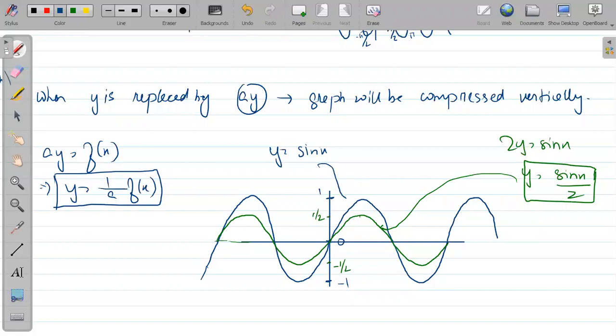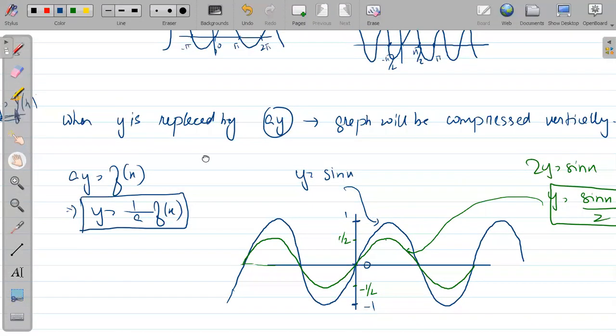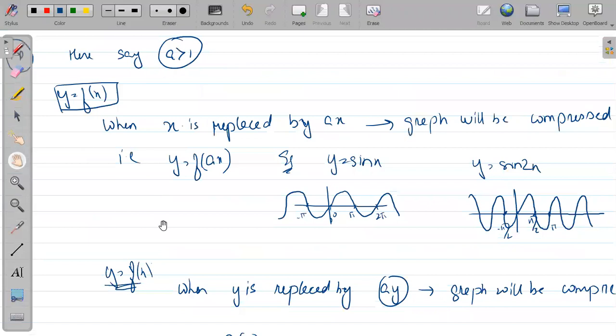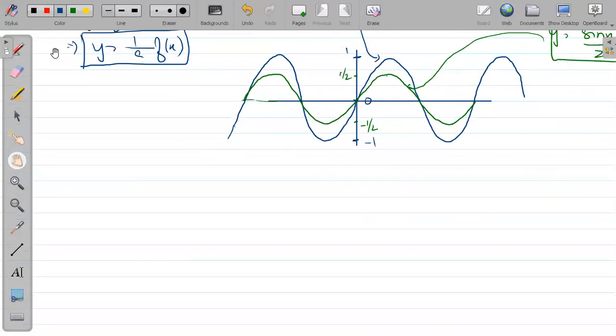Are you understanding? And similarly, if a is positive and less than 1, then vice versa.